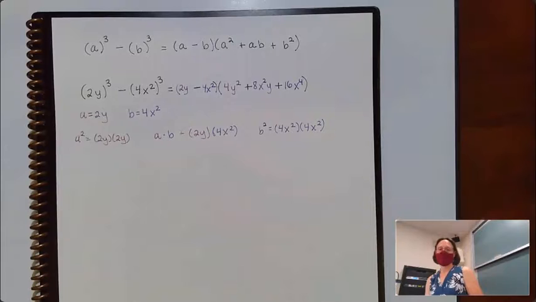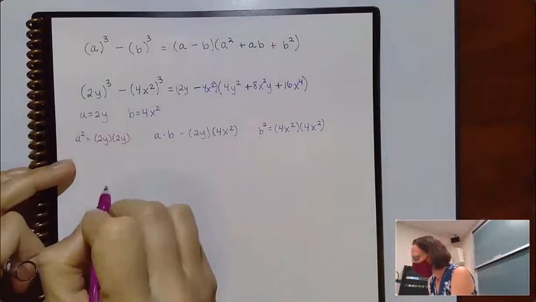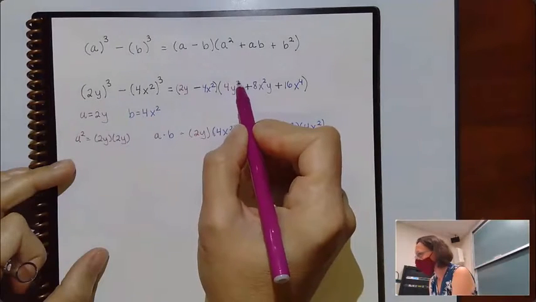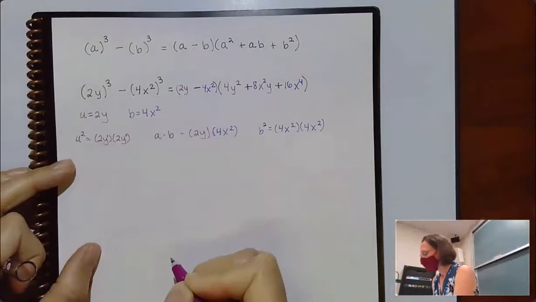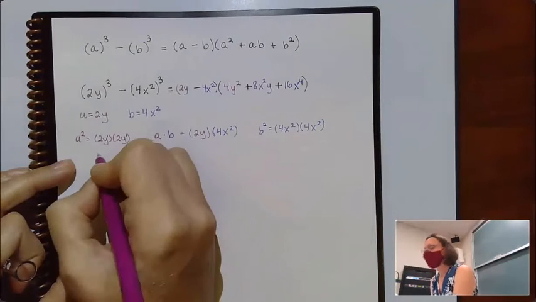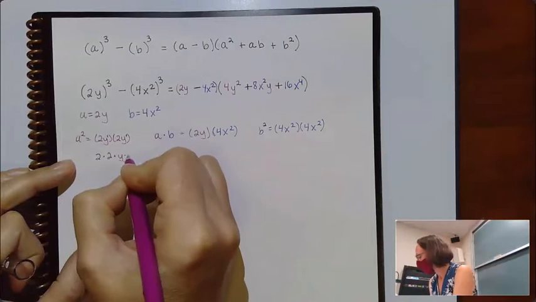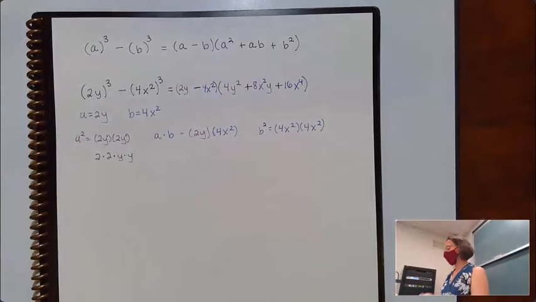Question. For the a squared, the 2y times 2y, do you not add the invisible exponents that are there? Since it's considered 1, wouldn't it be 2y to the second part? That is why I have a y squared, because that's a y to the 1 times y to the 1. If I rearrange the order, I can write that as 2 times y times y. Because it's all multiplication, I can switch the order.